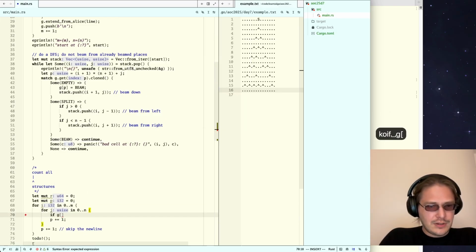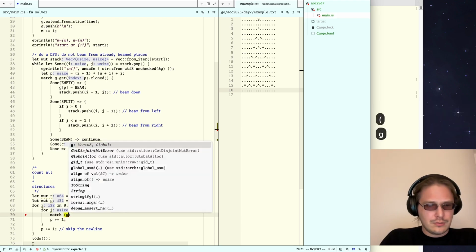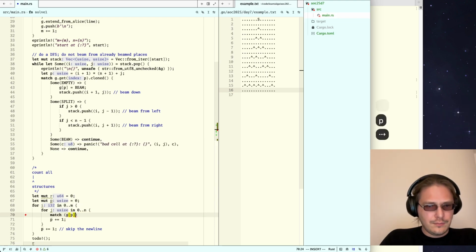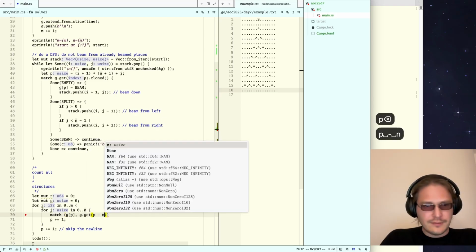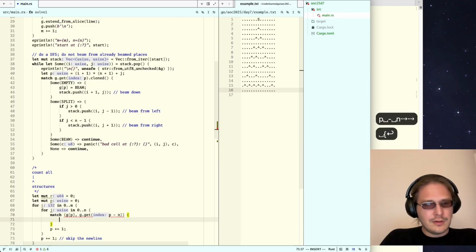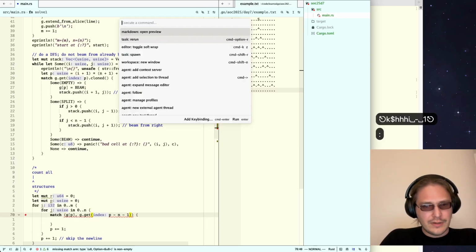If grid at P matches a split, grid at P, grid get P minus N, the previous line, and -1.